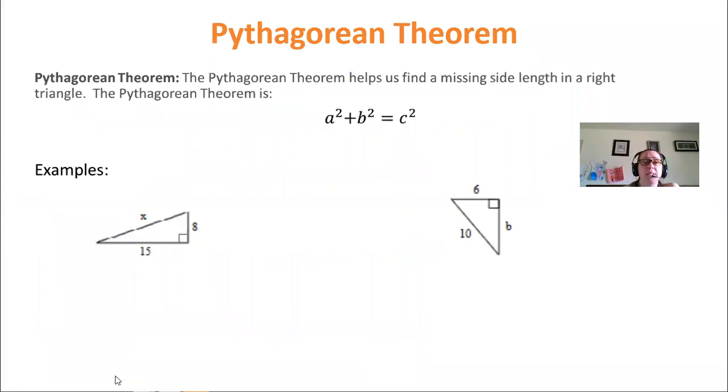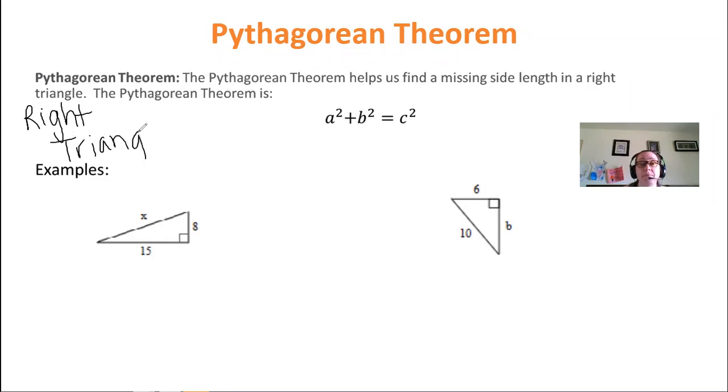All right, guys, first thing, a little bit of review. One of your popular geometry formulas that we're going to talk about is the Pythagorean theorem. The Pythagorean theorem is used with right triangles. Okay, you can only use it with right triangles. Right triangles only.